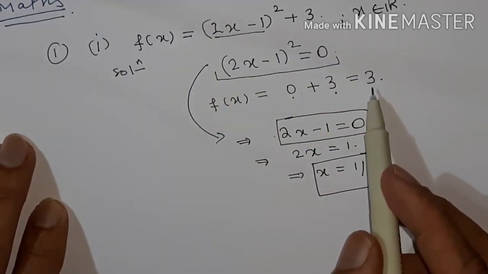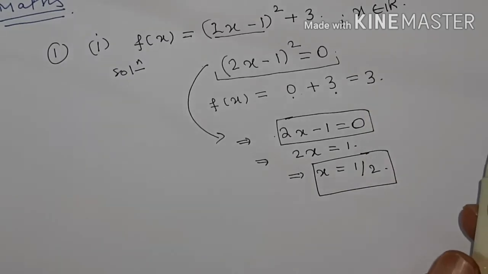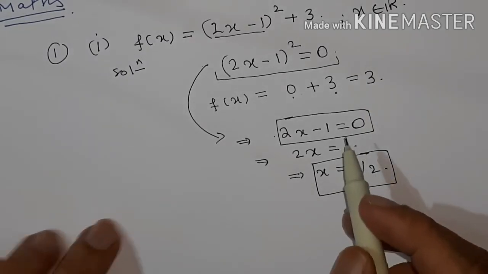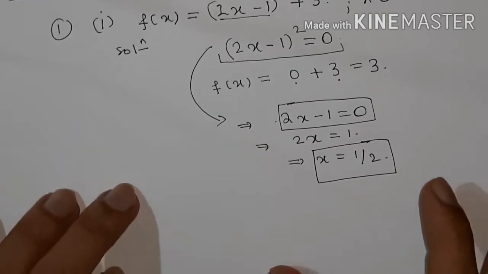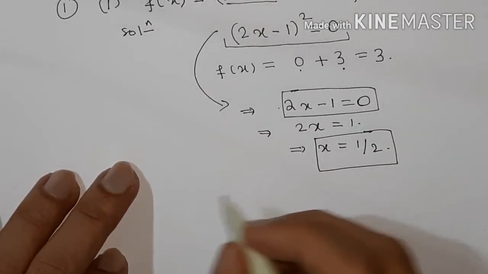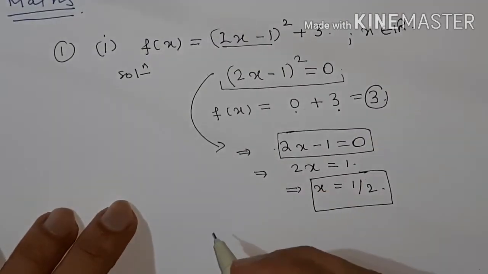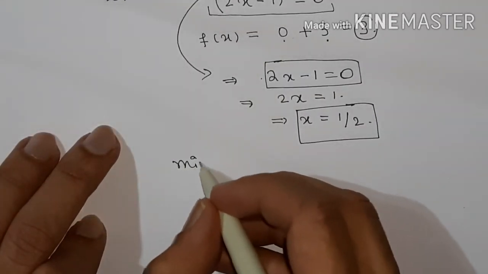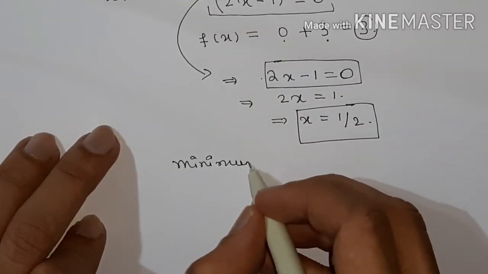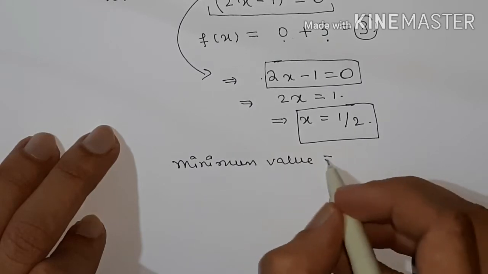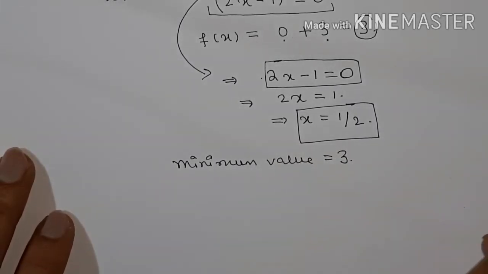And the minimum value is 3. We have to write only the minimum value, so the minimum value is equal to 3.